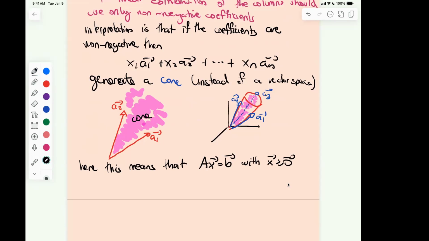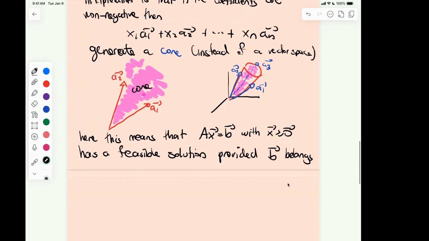If there's a feasible solution, and that's where the feasible solution terminology comes from, it would require b to be in the cone generated by the columns of A. So this has a feasible solution provided b belongs to the cone generated by the columns of A.